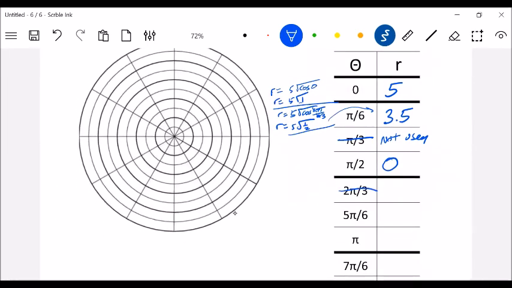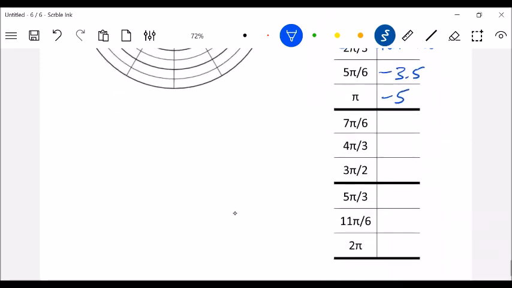At 2 pi over 3, that one becomes not used. 5 pi over 6 gives you a return of 3.5. Pi gives you a return of -5. Notice it's these two, but with negatives. 7 pi over 6 is negative 3.5. Negative 3.5. 4 pi over 3 is not used.